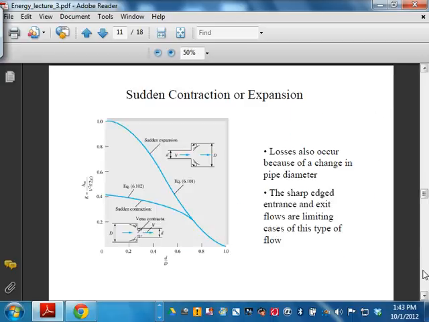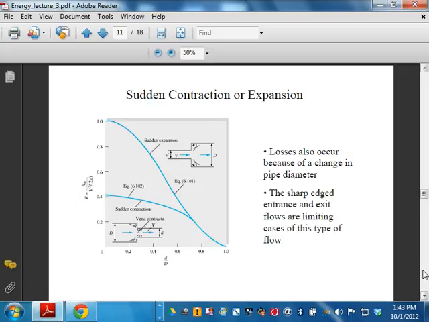If you have a sudden contraction or sudden expansion, there's a lot of turbulence or eddies or losses at the corners, as in the picture.